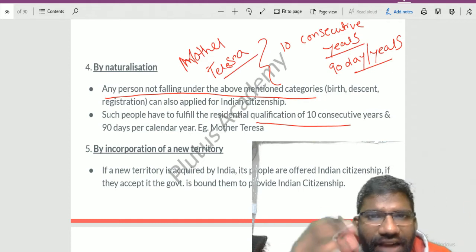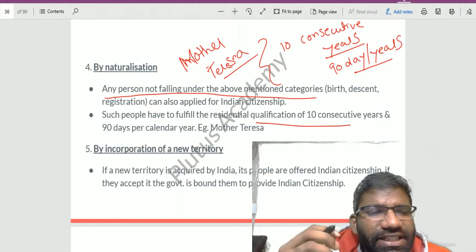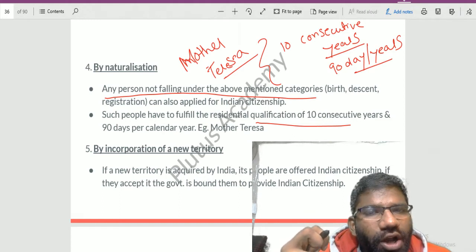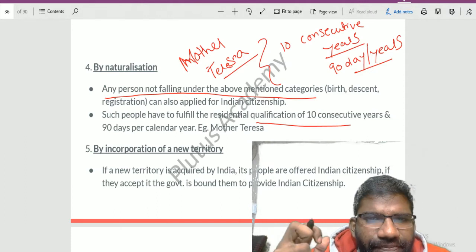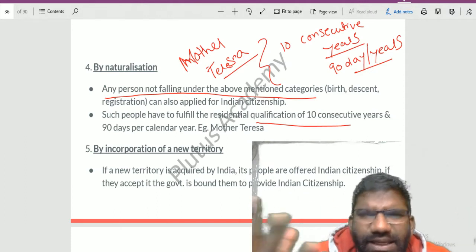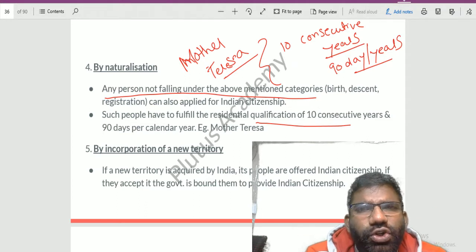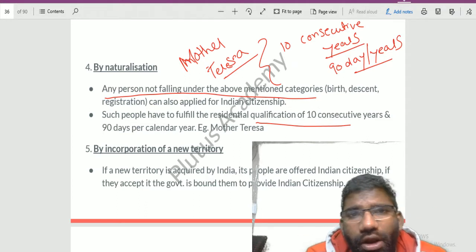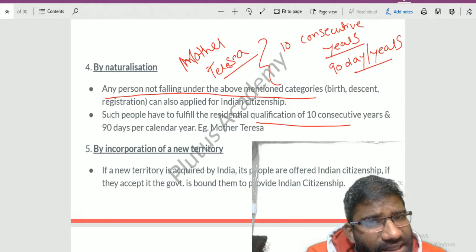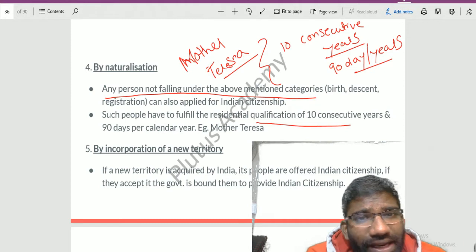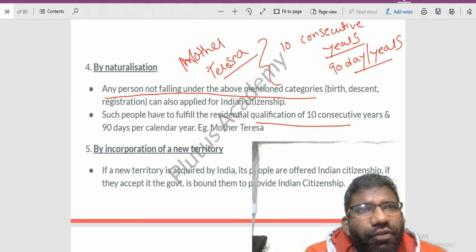Now, last phase of acquiring the Indian citizenship is by incorporation of a new territory. Suppose we capture a foreign state by war. India is a peaceful country. India doesn't usually indulge in capturing and all. But if a territory is captured by India, at certain juncture of time, the citizens of that territory are willing to have Indian citizenship and request the government of India for it.